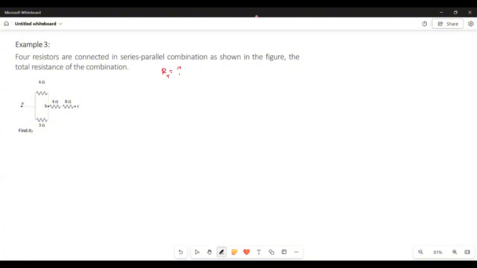So kanina nabanggit natin na yung resistance sa parallel is 1 over R is equal to 1 over R sub 1 plus 1 over R sub 2. So etong portion na to, kunin natin yung total resistance sa part na yan. So we have 1 over R is equal to 1 over R sub 1 na lang is yung 6 plus 1 over R sub 2 yung 3.